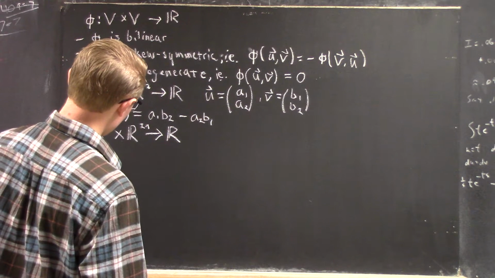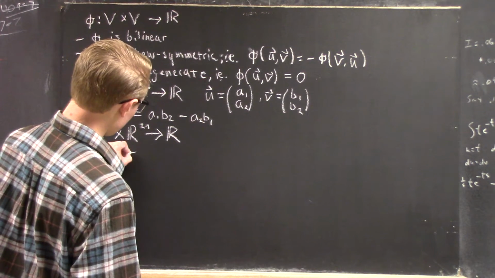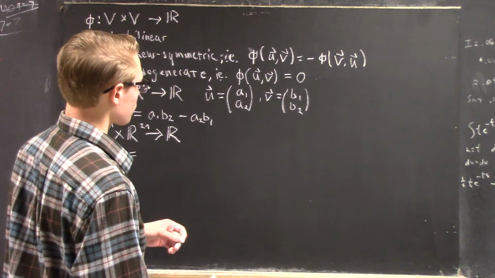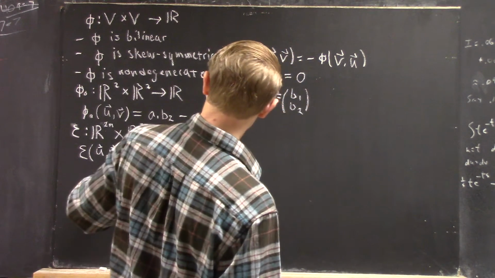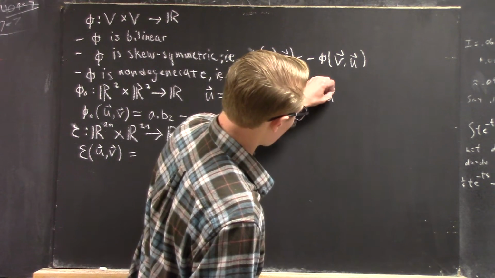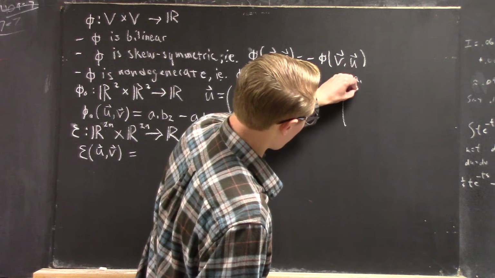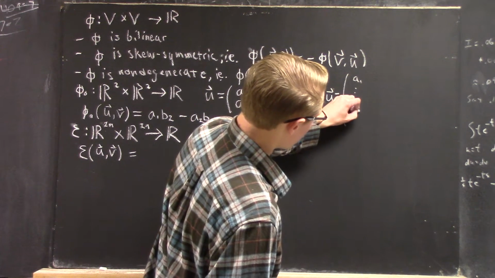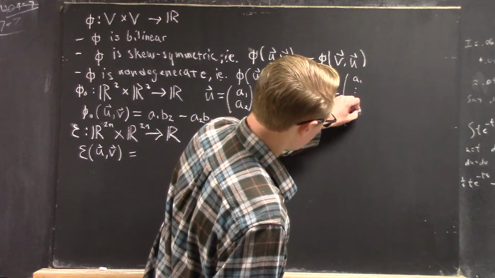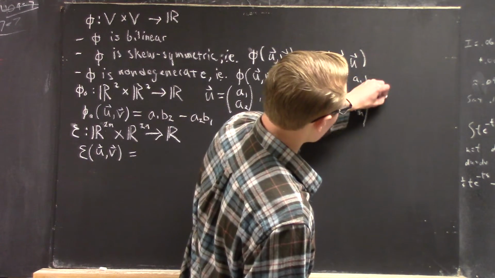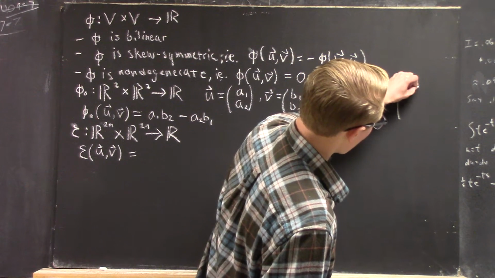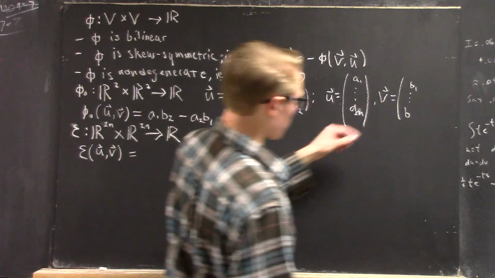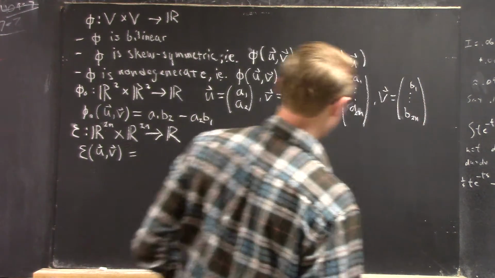We can use u and v. Well, for this abstraction, we rewrite this vector u as A1, represented as a column, and vector V as B1, and so on; in fact, it should be 2n, corresponding to the dimension of the vector space.